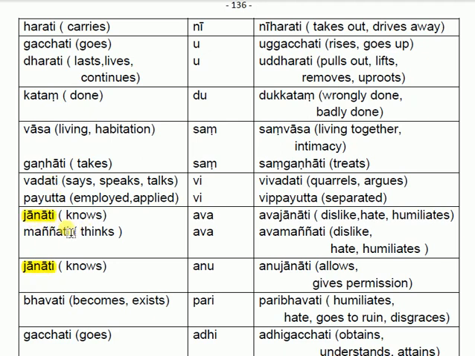With ava, avajanati means dislikes, hates, humiliates. With anu, anujanati means allows, gives permission. You can see that with respect to the prefix, the meaning of the made word changes. Alright, let's go down.